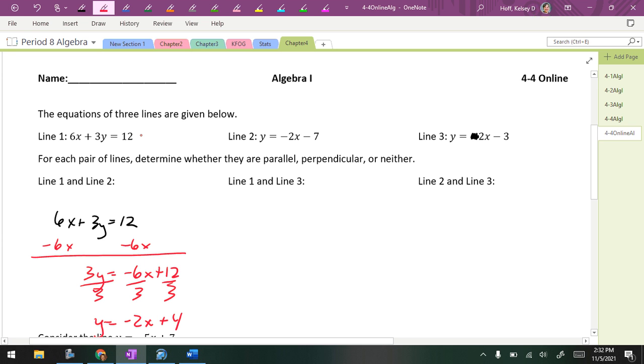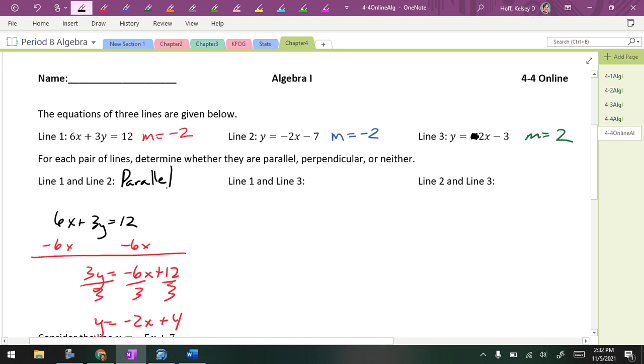So really, what is the slope of line 1? Negative 2. Line 2, what's your slope? Negative 2. Line 3, what's your slope? 2. So now my question is, determine whether each set of lines is parallel, perpendicular, or neither. Line 1 and 2. Parallel.